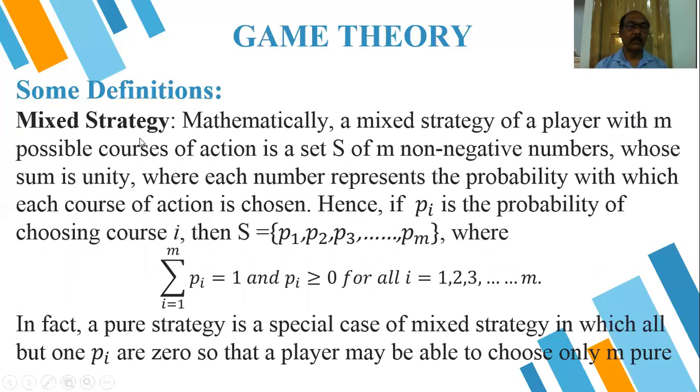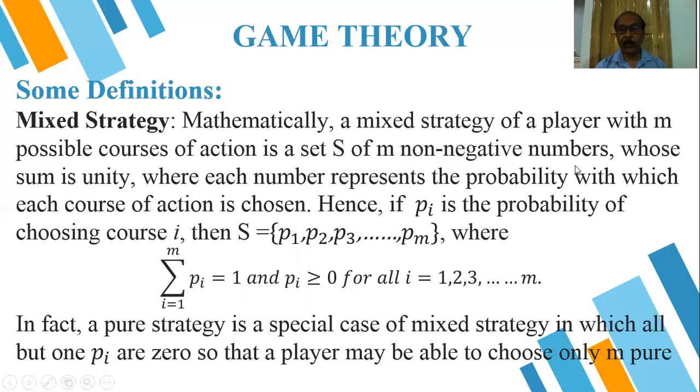Mixed strategy. That means when the player switches over from one strategy to another, from one course of action to another, that is known as the mixed strategy. It does not stick to a particular course of action. Time to time, to maximize his gain, the maximizing player A changes his course of action from 1 to 3, 3 to 5, 5 to 6, or back to 1, again 2.